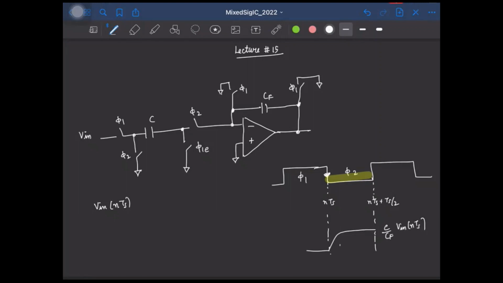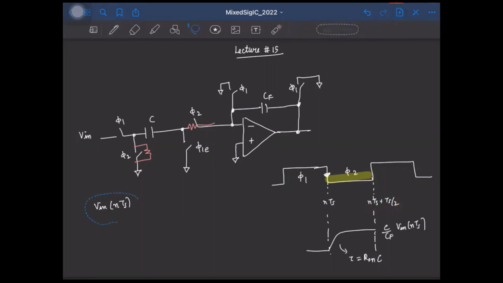And what is the time constant? Time constant is Ron times C, where Ron denotes the on resistance of the switches that are active during the φ2 phase. So it's essentially the on resistance of these switches. So this output is ready at the time instant nTs plus Ts by 2.